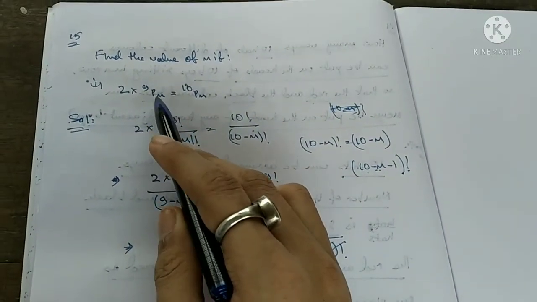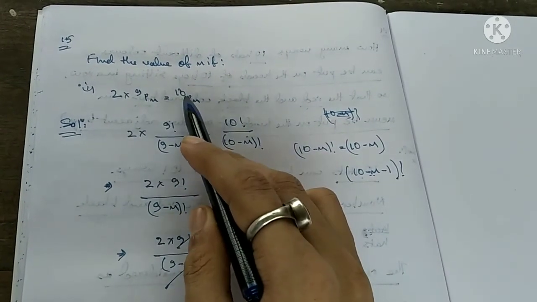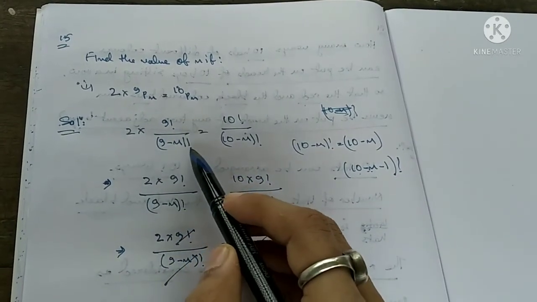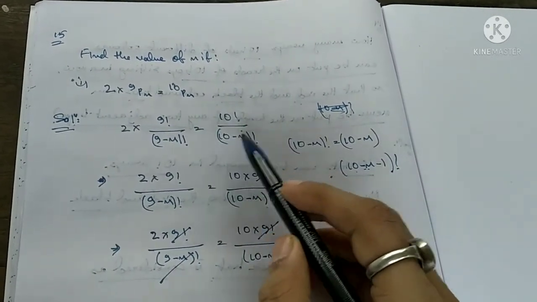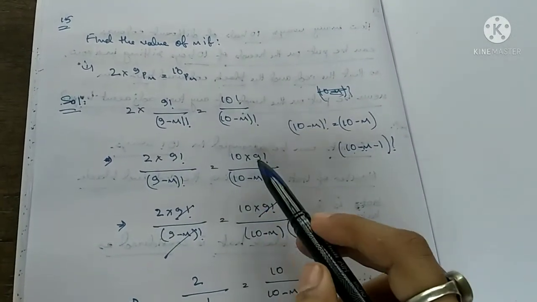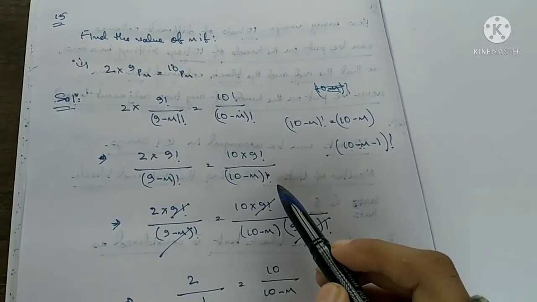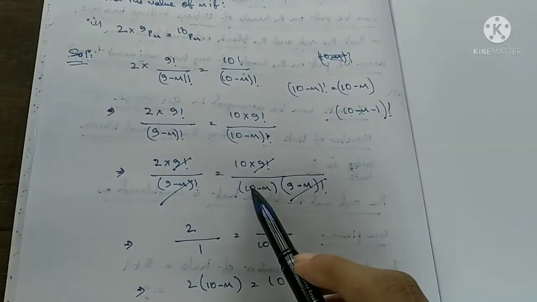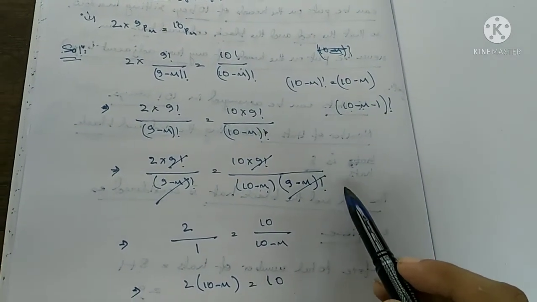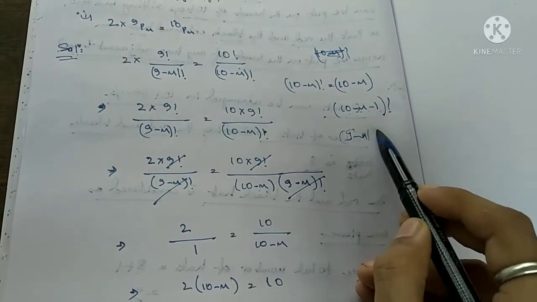2 into 9Pn is equal to 10Pn. So this will be 2 into 9 factorial by 9 minus n factorial is equal to 10 factorial by 10 minus n factorial. 10 factorial I can write as 10 into 9 factorial by 10 minus n factorial. 10 minus n factorial means 10 minus n into 10 minus n minus 1 factorial, which is 9 minus n factorial.